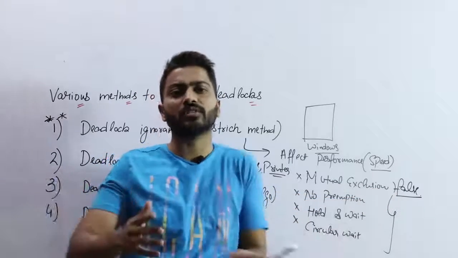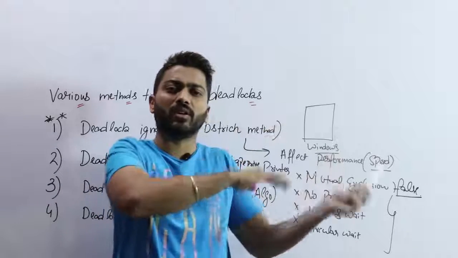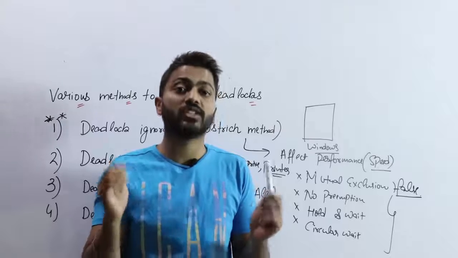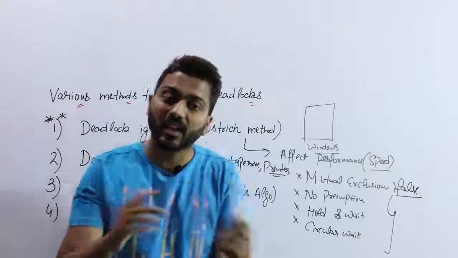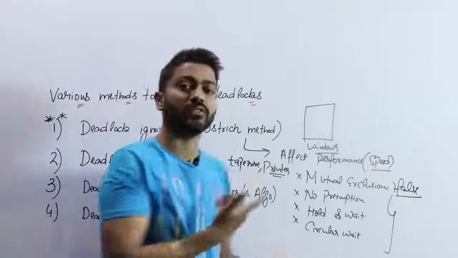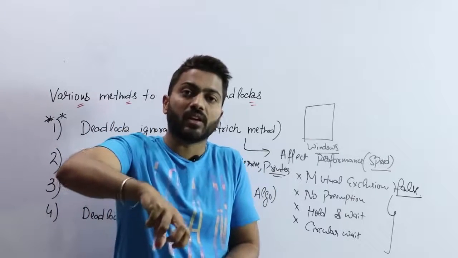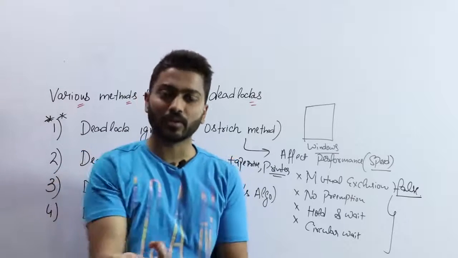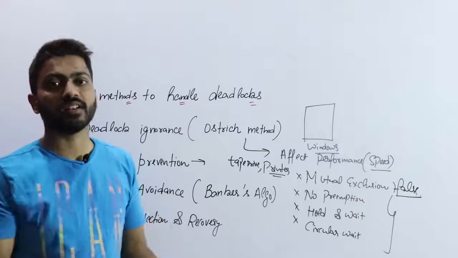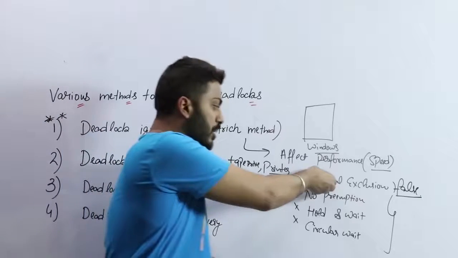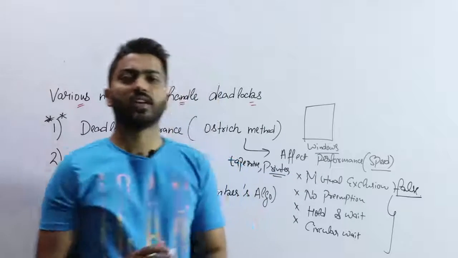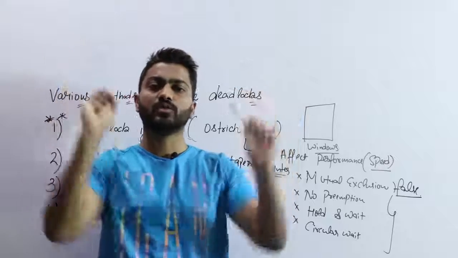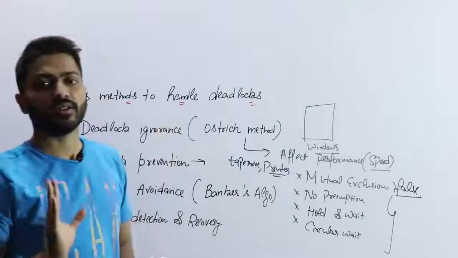Although we can make it false for some resources like CPU and memory, there are some resources which cannot be made shareable at all, like printers and tape drives. So when it cannot be shareable, how can we remove the mutual exclusion? Mutual exclusion cannot be removed, so the deadlock cannot be prevented. Fine, this is the main point in mutual exclusion. But yes, if all the resources can be shareable, the deadlock will never occur, so there will be prevention of deadlock.